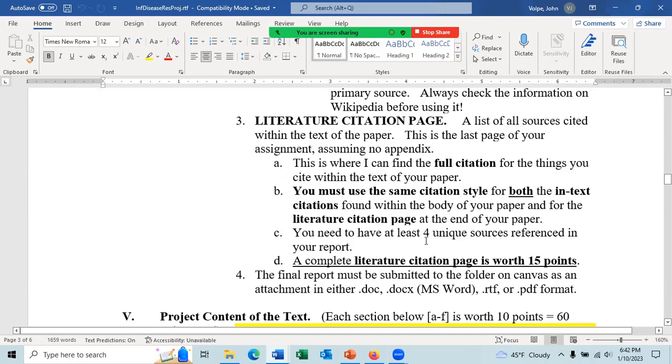And there it is, 4 unique sources referenced in your report. And that'll be worth 15 points. You must use a citation style and use the same citation style for your literature citation page, the full references, as well as your in-text citations.